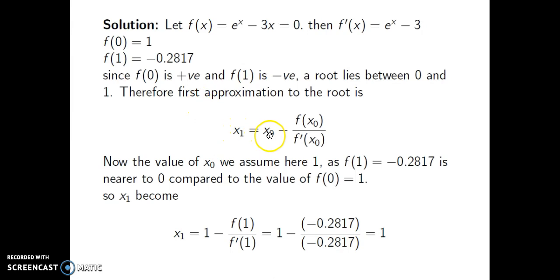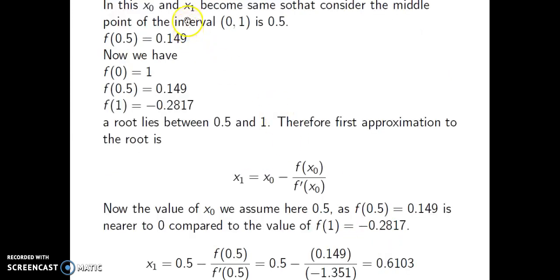The first approximation x1, by the NR method, we have the formula. Now the value of x0 we assume here is 1, as f of 1 is minus 0.2817, which is nearer to 0 compared to the value of f of 0, which is equal to 1. So x1 becomes 1 minus f of 1 upon f dash of 1. So we calculated all this. So x1 becomes 1.